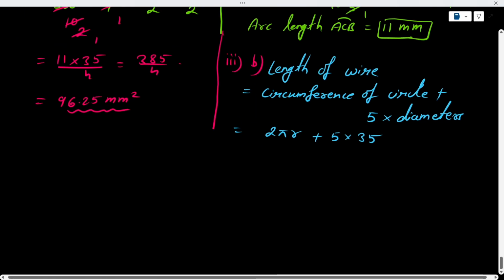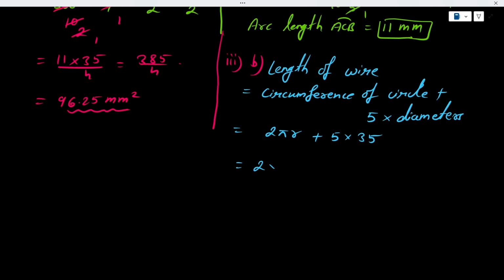Substitute the value: 2 times 22 by 7 times r, which is 35 by 2, plus 175. Then follow the cancellation method. You are left with 110 here if you do the multiplication, plus 175.